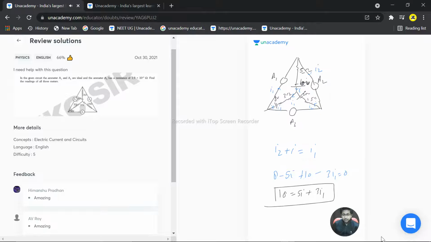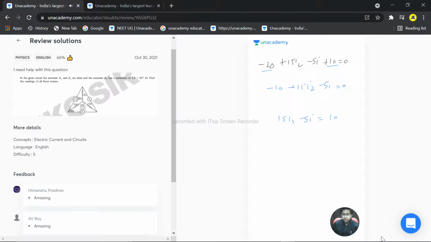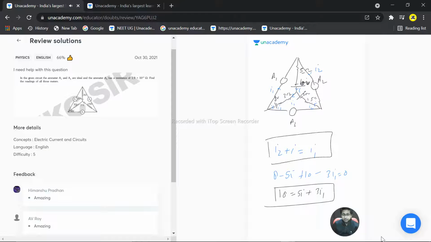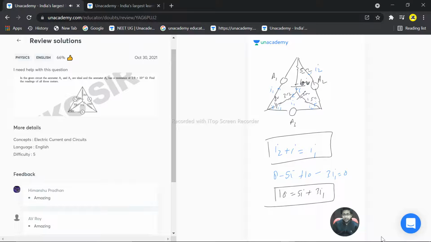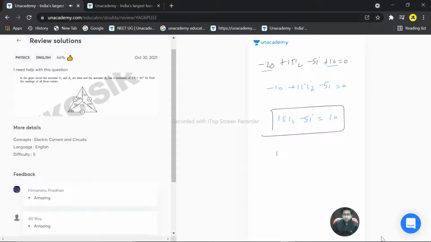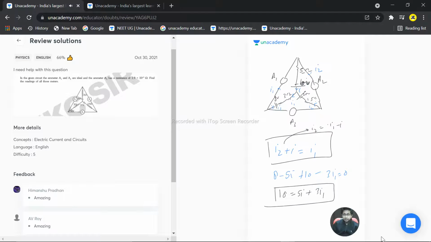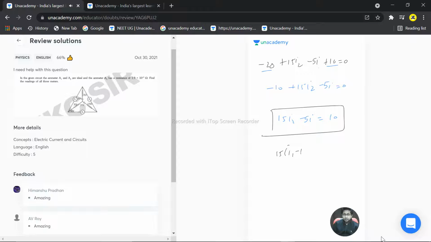Here we have one more equation. We already know one more equation, that I2 plus I is equal to I1. So instead of I2, I can write I1 minus I. So 15 times (I1 minus I) minus 5I is equal to 10.